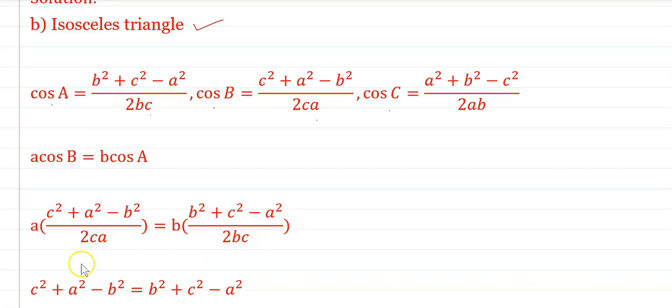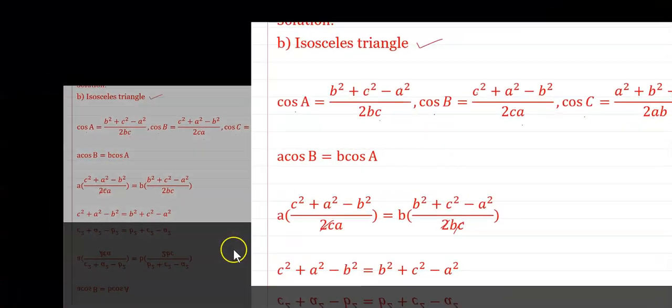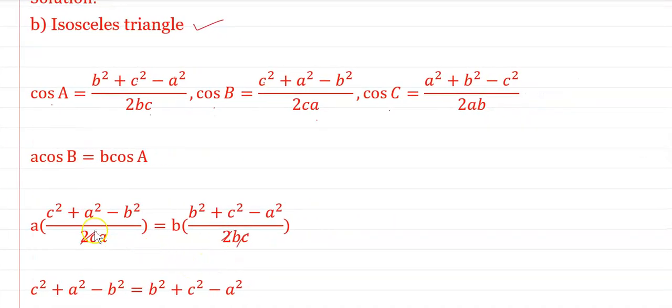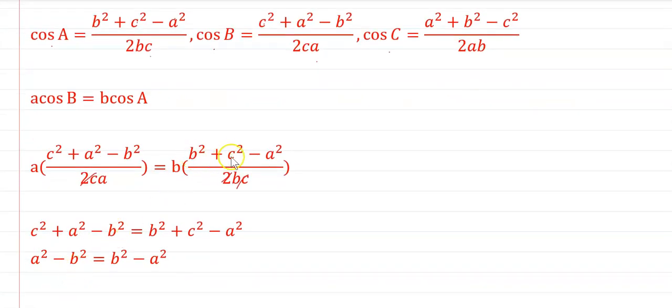Both the denominators on both sides, that is 2c, will get cancelled. Okay, and hence you will get c square plus a square minus b square, and here b square plus c square minus a square.